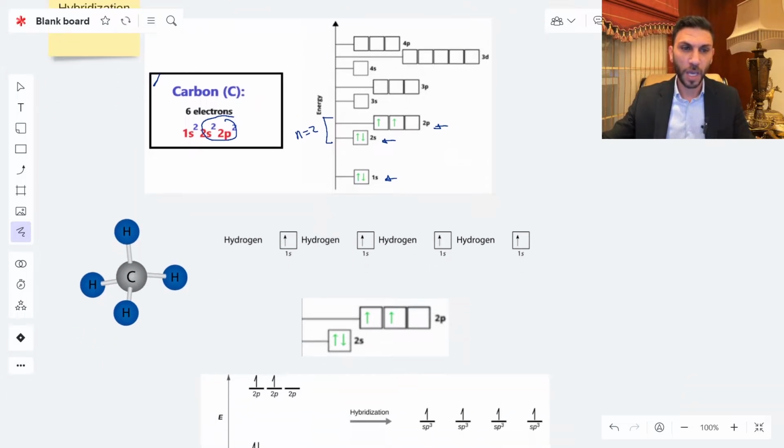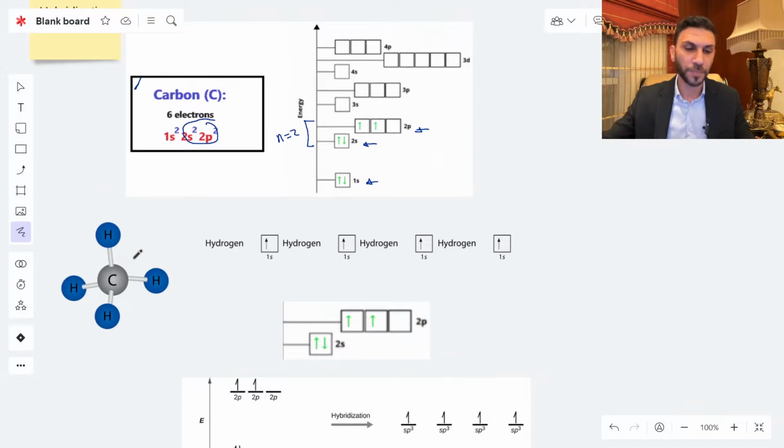Now, what happens when the carbon is bonded with 4 hydrogen atoms? Each hydrogen atom has only one electron in 1s. So 1s1, 1s1, 1s1, and 1s1 for the 4 hydrogen atoms.